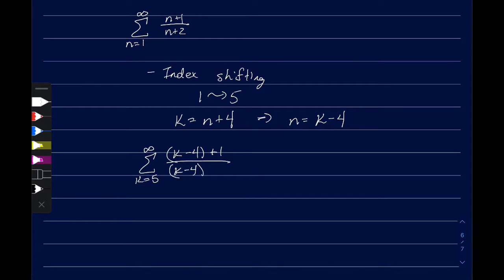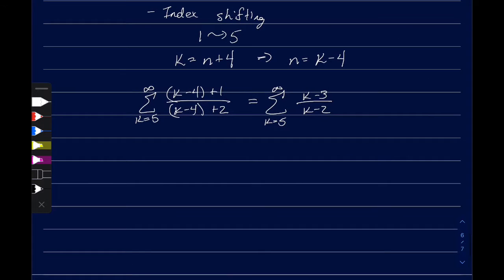So (k minus 4 plus 1) over (k minus 4 plus 2). And that's going to give us the sum from k equals 5 to infinity of (k minus 3) over (k minus 2). And that'll still give us the sum that we started with.